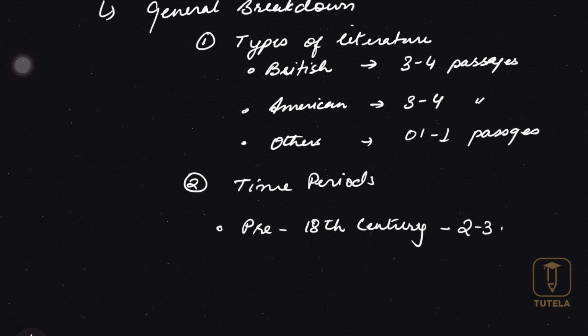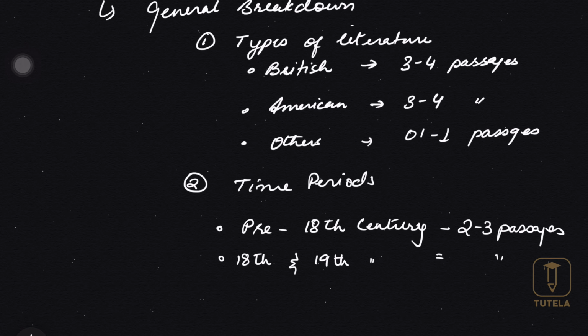You will get 2 to 3 passages from this section. Then, followed by the 18th century and 19th century literary period, you will again find 2 to 3 passages from this section. Followed by the 20th century and the 21st century. You may find 2 to 3 passages from this section.